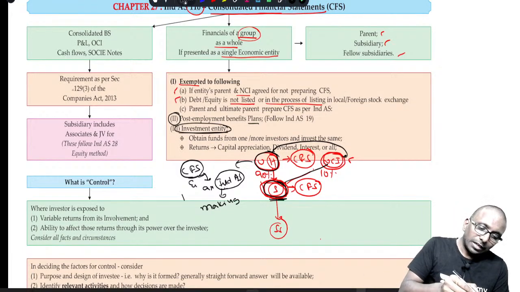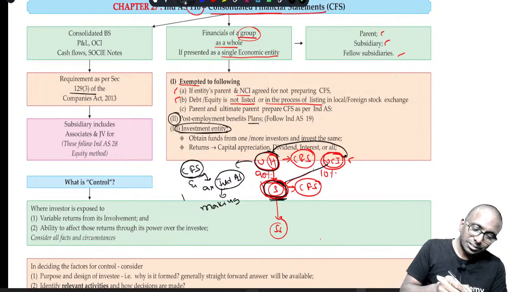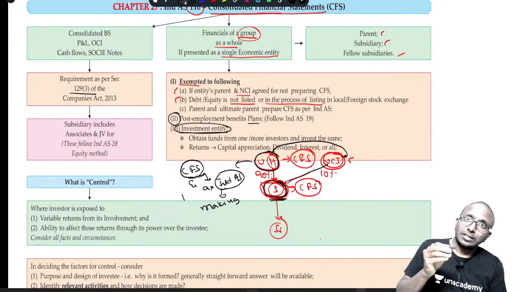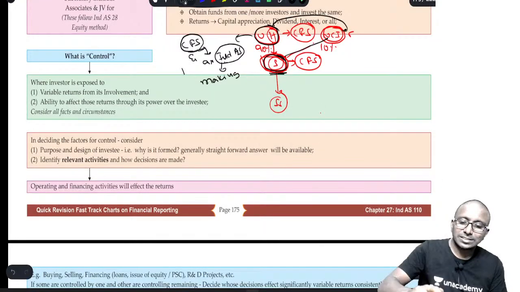Under section 129 subsection 3 of the Companies Act, a company who has a subsidiary, associate or joint venture has to prepare consolidated financial statements. That means who has one or more subsidiaries has to prepare consolidated financial statements.